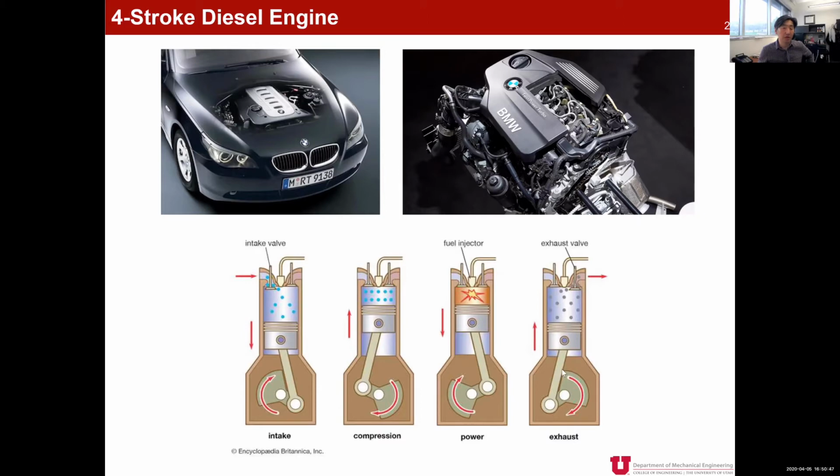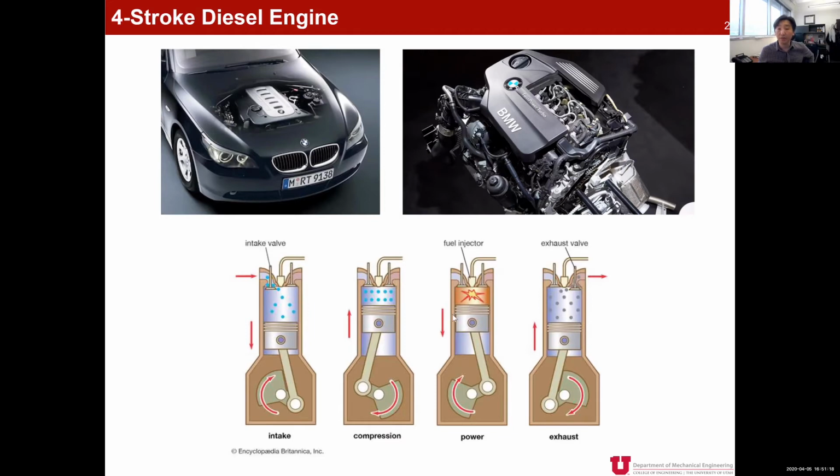The first big difference of the diesel engine compared to the gasoline engine is that the gasoline engine intakes a fuel and air mixture. So fuel and air are already mixed outside the engine, and they are just brought into the cylinder. But for the diesel engine, only fresh air comes into the engine during the intake stroke. Then the fresh air is compressed.